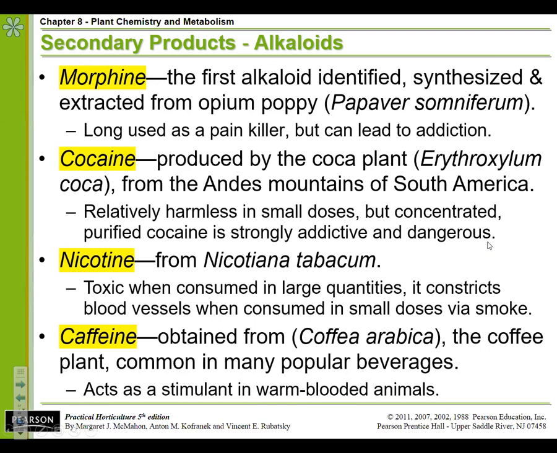The important thing to note here, though, is that these are all used for cash crops, basically. Very important cash crops. I mean, tobacco was in Virginia the #1 cash crop for many years. And in South America, cocaine, very important cash crop. The coca plant and the synthesization of cocaine from that plant.